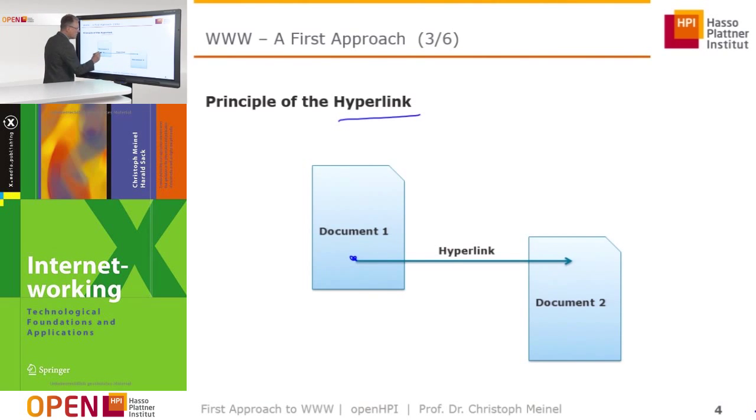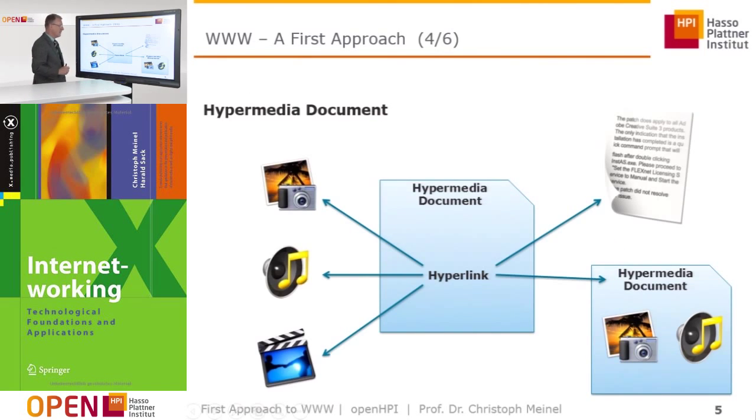There is a document 1, and in document 1 there is, for example, a notion or a picture where the author thinks it makes sense to give more explanation about this notion, about this picture. Then he can place a link that points to another document, which typically gives more explanation and more information about what's written here.